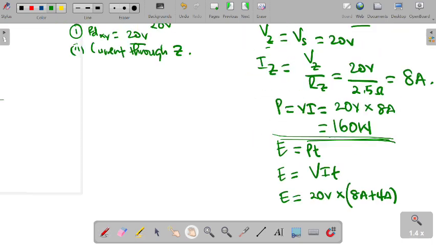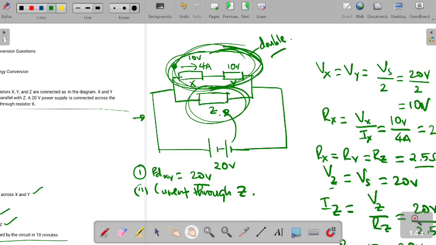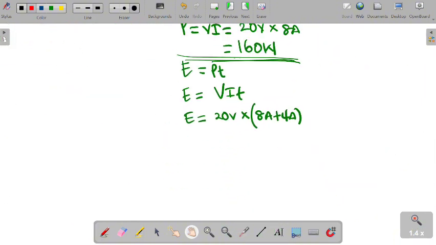That's the total current. For those who are not understanding that, remember, on this branch there's a flow of 4 amperes, and on Z we found that there was 8 amperes. That means the total will be 8 plus 4. That's the total current in the circuit. This is multiplied by the time converted to seconds, which is 600 seconds. This will give us 20 volts multiplied by 12 amperes multiplied by 600 seconds.